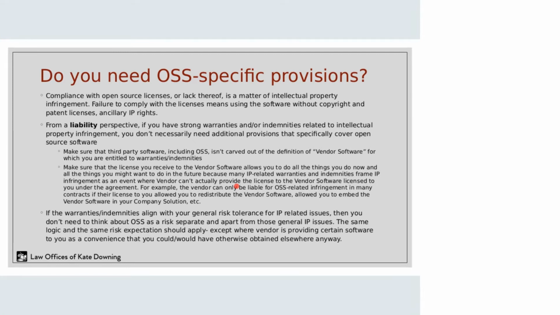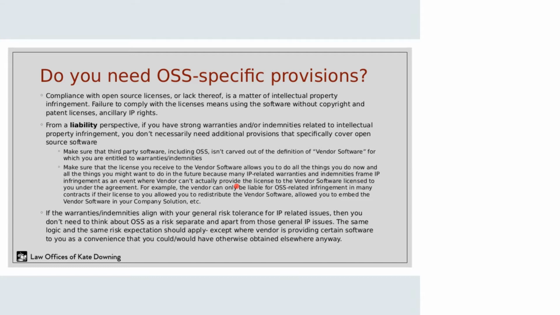The reason I say that is because a lot of times, the way that people write their IP infringement warranties or indemnities has to do with how they phrase it: you have the rights to give us everything that you have agreed to in this agreement and in the license provisions. It's often framed that way.